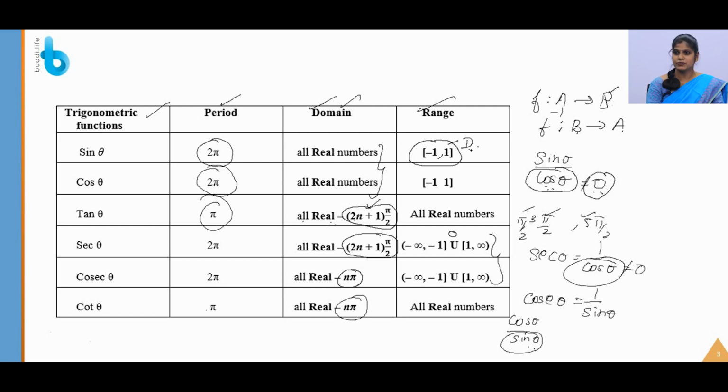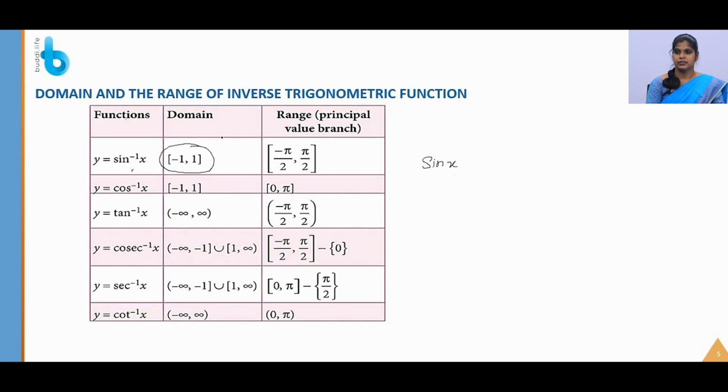The range of this function will become the domain for the sine inverse, and the domain will become the range for the sine inverse. See, we have learnt now, for tan, the domain will be all the real numbers, and for cot also the range will be all the real numbers.